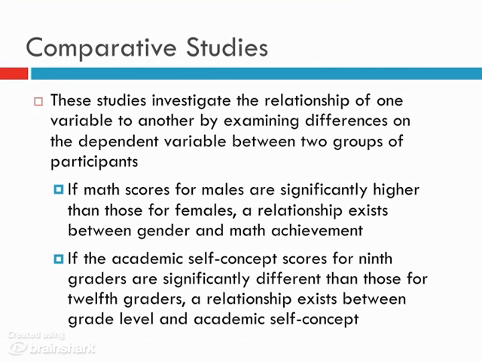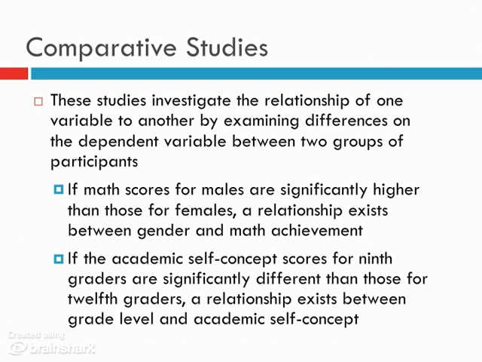Where descriptive designs talk about pre-existing data and just describe the information, comparative designs talk about relationships. It looks at the relationships between two or more variables. You can see on the screen some examples of comparative studies. The first one is if math scores for males are significantly higher than those for females, a relationship exists between gender and math achievement.